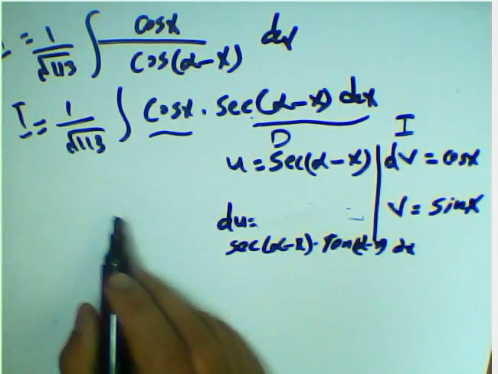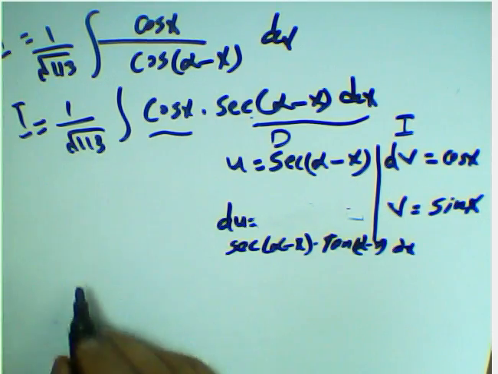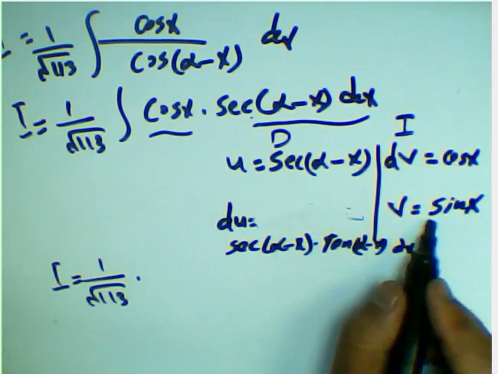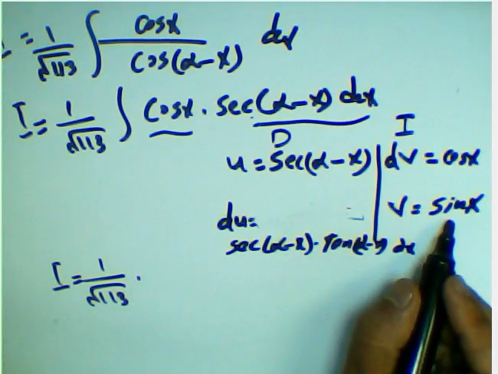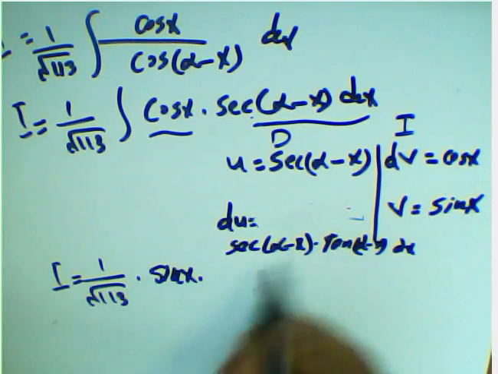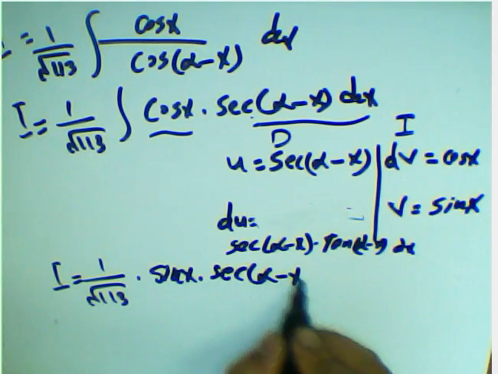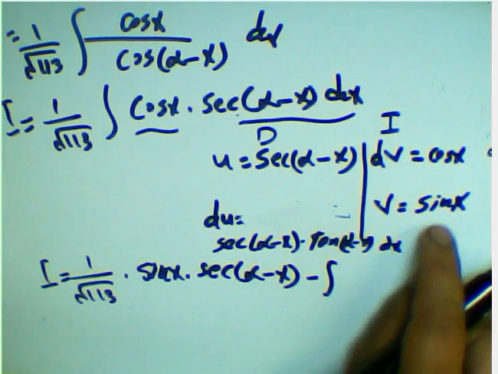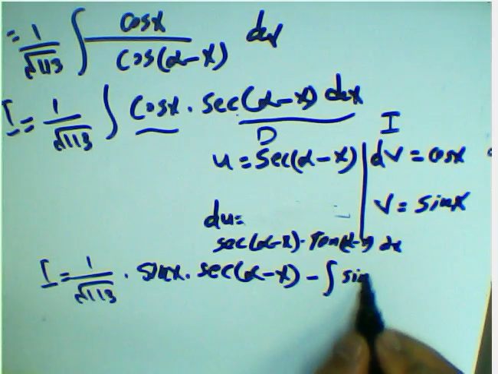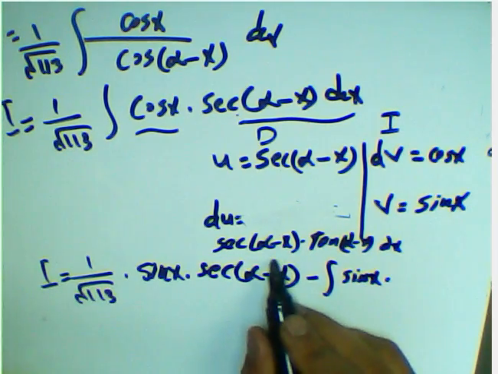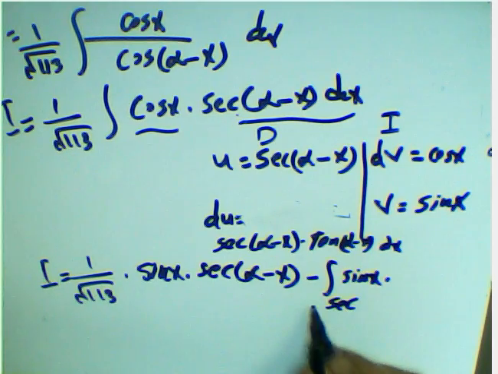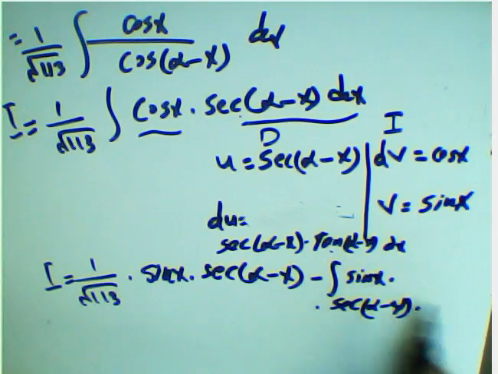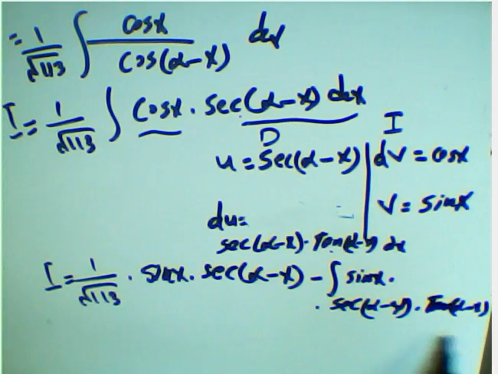Okay, and we have here 1 over root 13 multiplied by sine x multiplied by sec alpha minus x, subtract the integration of v and du: sine x multiplied by sec alpha minus x multiplied by tan alpha minus x, all dx.